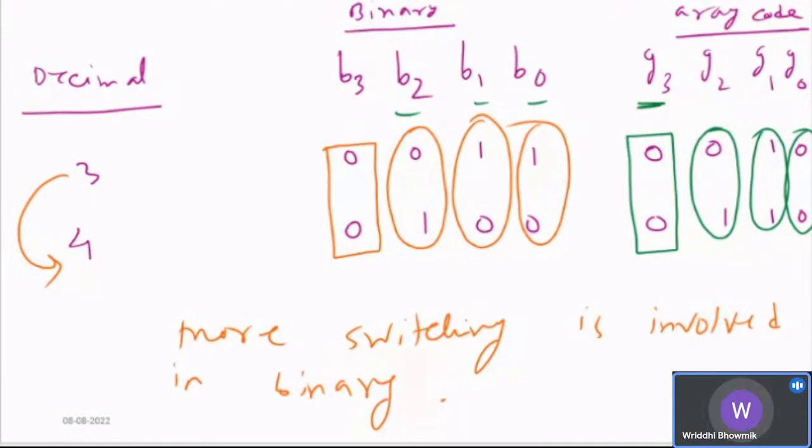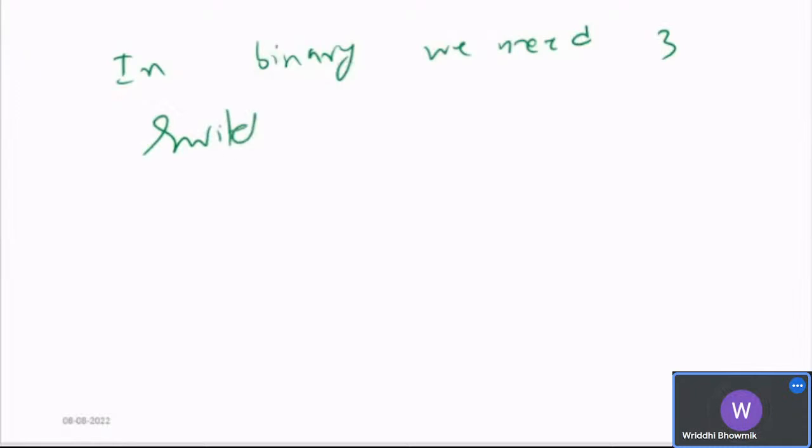Okay, so from here we can write: in binary, we need 3 switchings in B2, B1 and B0 positions.